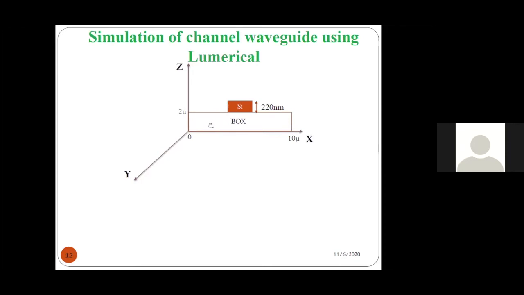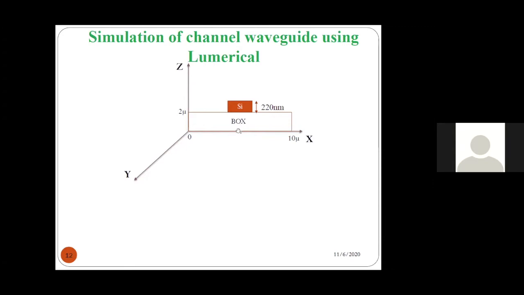Whenever I want to design one simple waveguide, we should know that a waveguide means we should have one core and one cladding. This is one simple example of a silicon waveguide, developed on a substrate oxide layer.